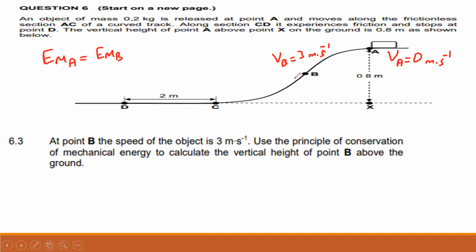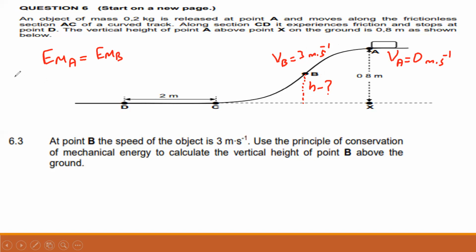Let's see what they ask first. Calculate the vertical height at point B. Okay, we are going to calculate this height. How can we calculate height at point B? The object is just going down. What we know: initial velocity, velocity for B, and height for A. We are asking height at point B. Okay, let's continue with this formula.